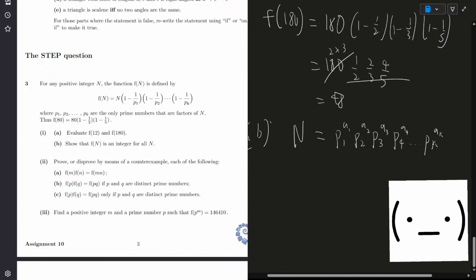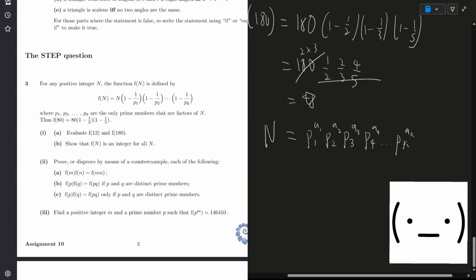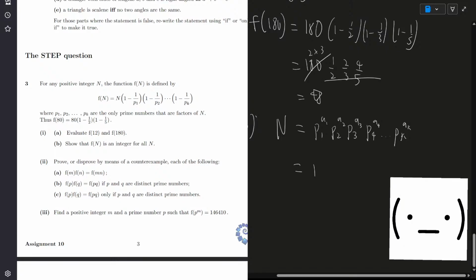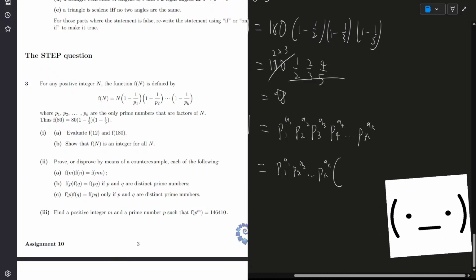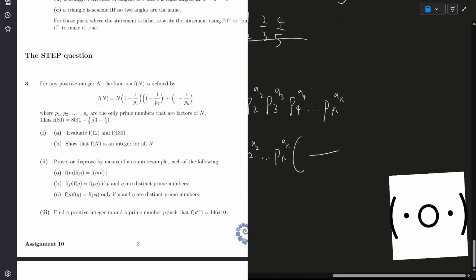Now what? Now let's write this times our big ugly mess.